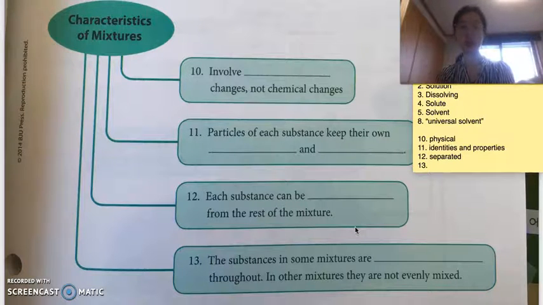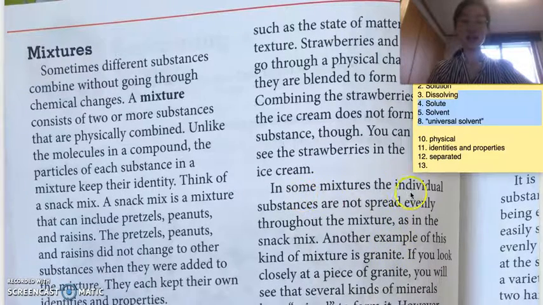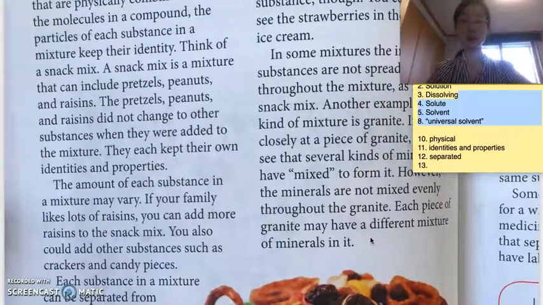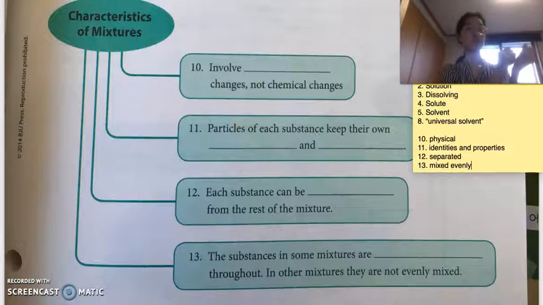They're not evenly mixed. So the opposite of that, well, it says in some mixtures, the individual substances are not spread evenly, and some are. Therefore, we can say that in some mixtures, they are mixed evenly. So we have some mixtures that are mixed evenly throughout, kind of like a strawberry milkshake. And we also have some mixtures where it's not evenly mixed throughout.